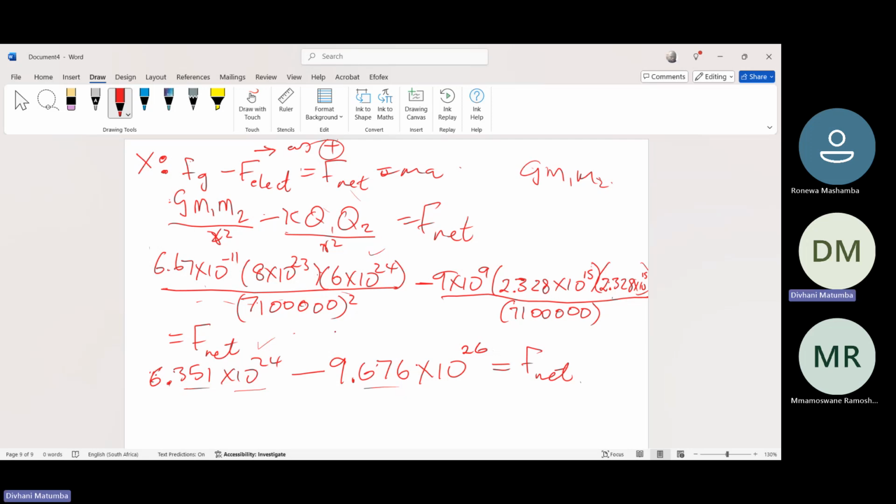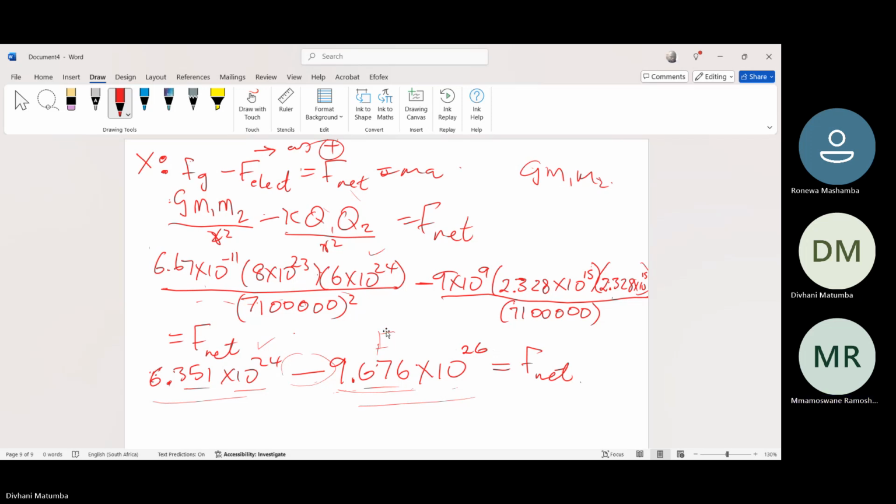This one would only be smaller if you were talking about a negative exponent. If you disregard the minus sign and just compare the two expressions, which is bigger? The second one, 9.676, which is F electric.